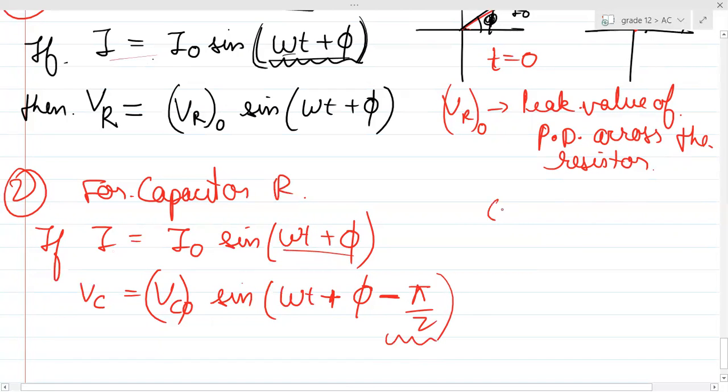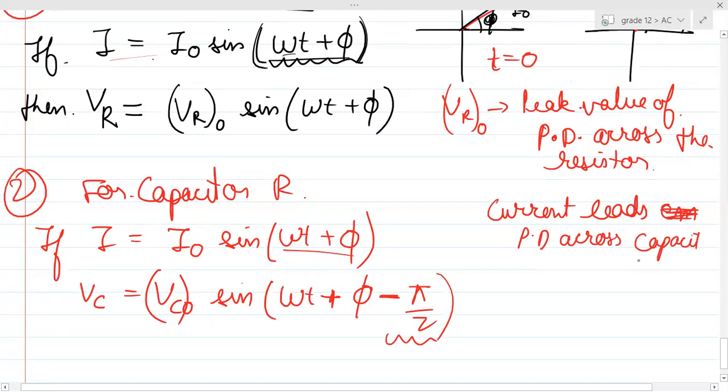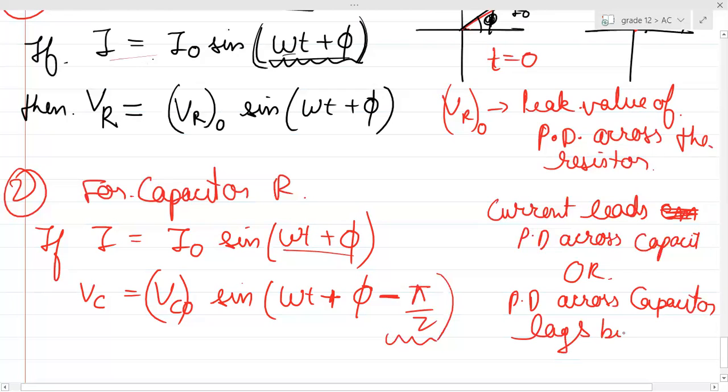Because current leads EMF, or instead of EMF you can write potential difference across the capacitor. Or you can say the potential difference across the capacitor lags the current by a phase difference of pi by 2.